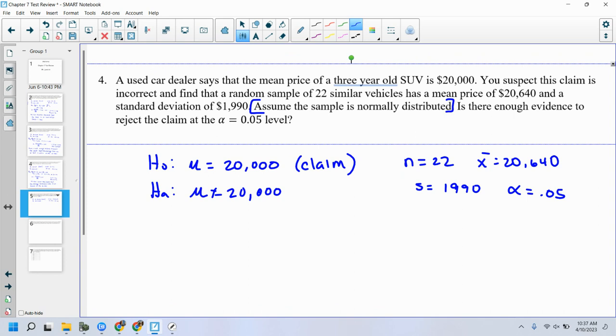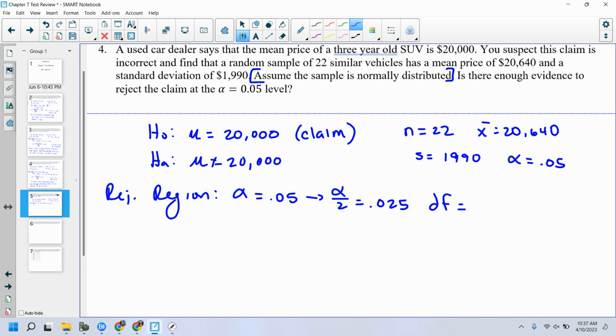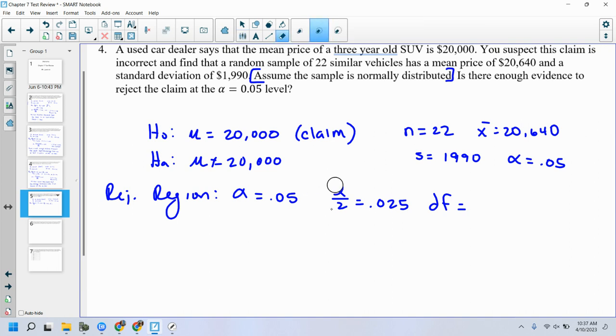Questions about that so far? All right, let's find our rejection region. Alpha is 0.05, and it's two-tailed, so alpha over 2 is 0.025. Do I even need to worry about that in my t table? Not yet. Look at the top of the t table: for a two-tail, it's already done for you. You don't have to split it in half when you're looking at a two-tail t distribution.